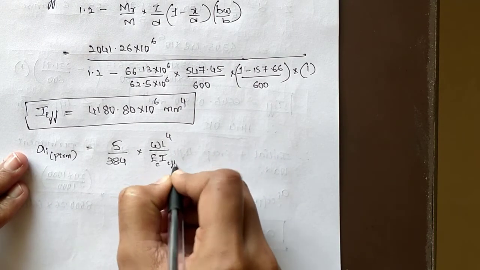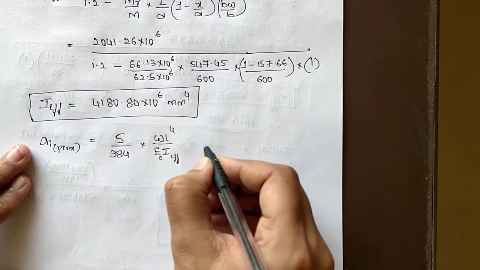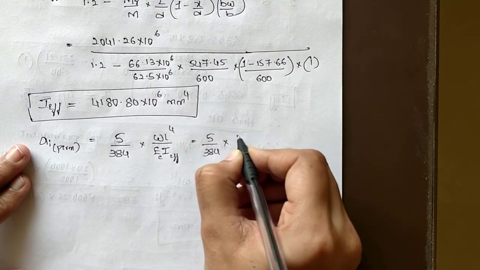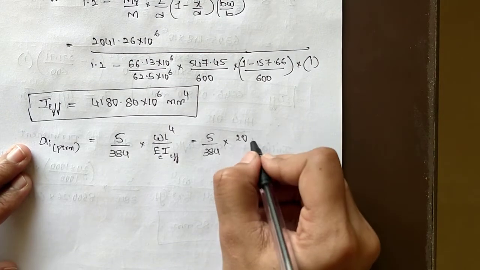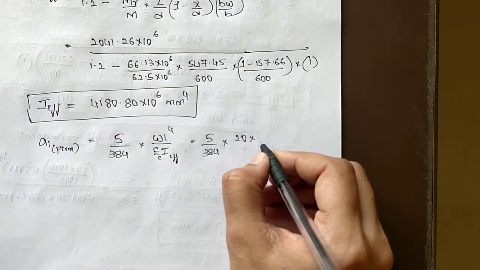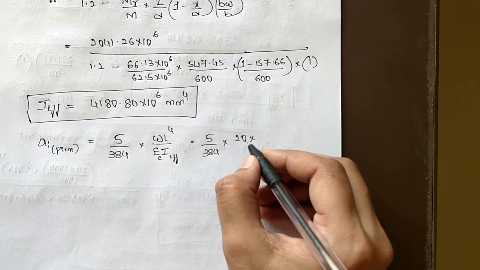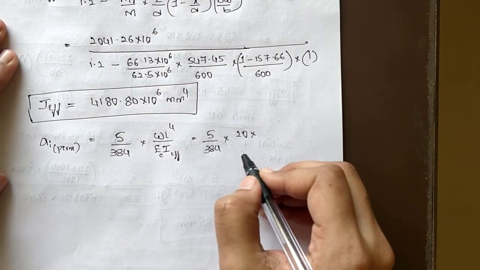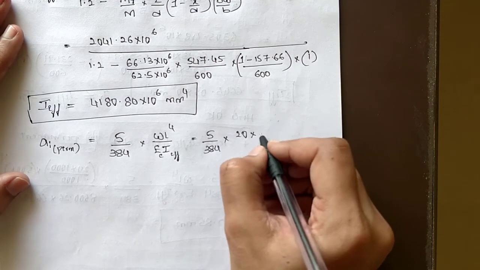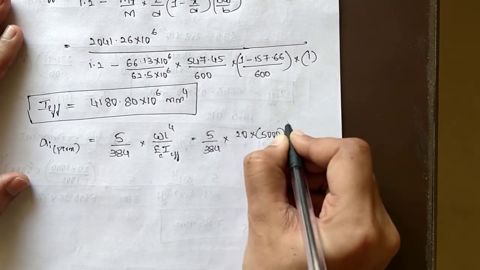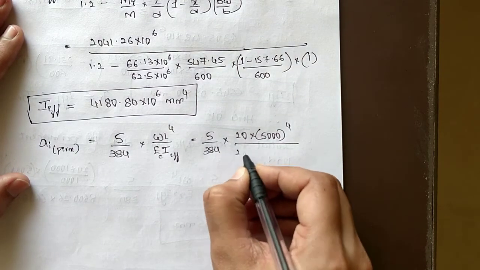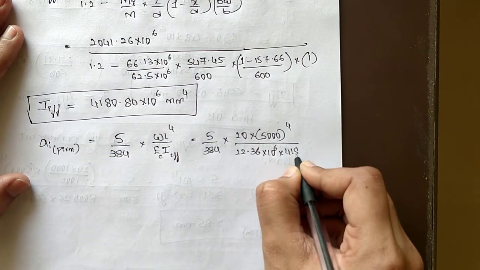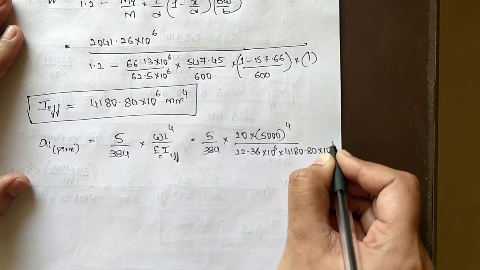Substitute that value: 5 divided by 384 into W value 20, the 1000s get cancelled, it will be in kilonewton per meter, substitute in mm. 20 into L value 5000 all to the power of 4 divided by EC value 22.36 into 10 to the power of 6, and I effective 4180.80 into 10 to the power of 6.